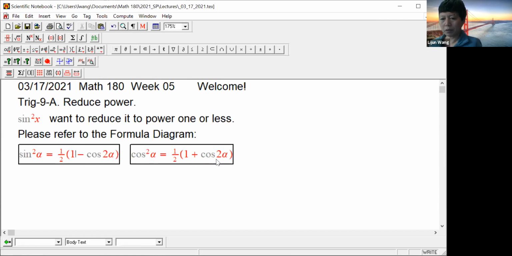In the second formula, same thing: power 2, power 0, power 1. Once you get power 1, you just need one more step, or at most two more steps, to complete the integration, because you can use the formula.